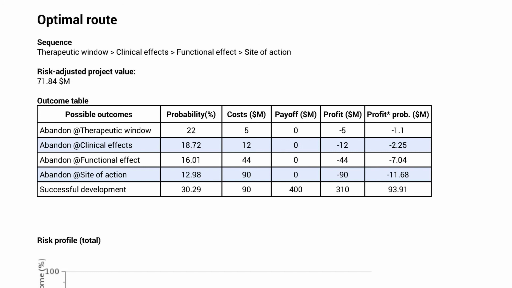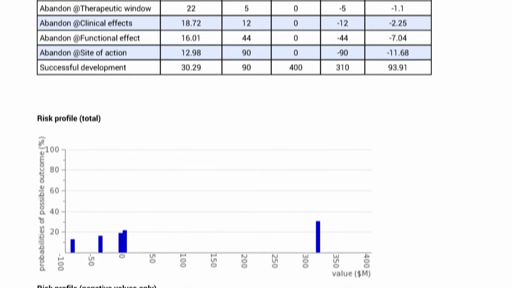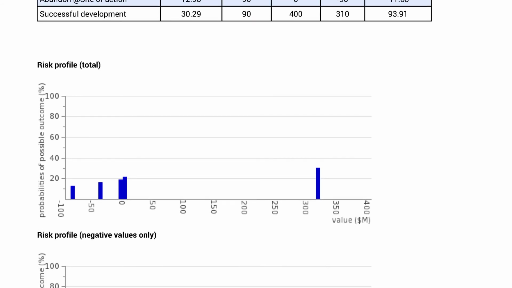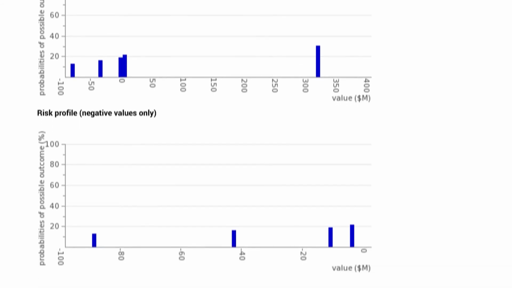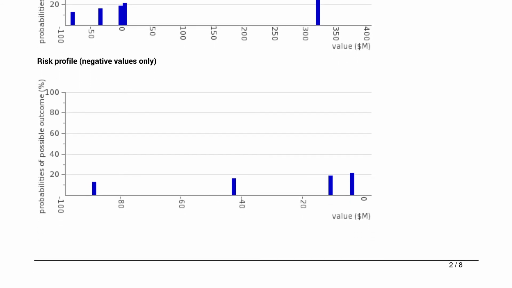If you deduct all possible outcomes in the last column of the table from the scenario in which development is successful, the bottom row, you get the risk-adjusted project value. The graph showing the risk profile is simply a visual representation of the table. Since you're likely to be most interested in the negative values of this risk profile, that graph is also added. This one basically zooms in on all possible outcomes but leaves out successful development.